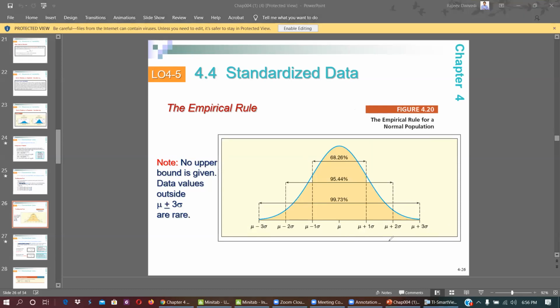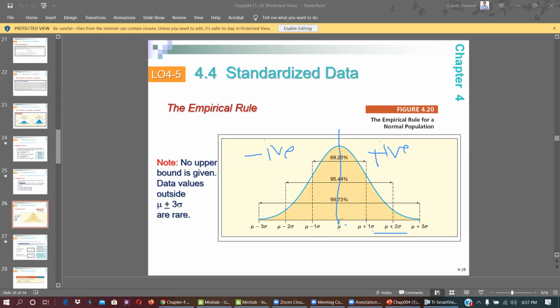This is the center point of the distribution. Here, this is 1 sigma, whatever is the value of standard deviation. So mu plus 1 sigma is the standard deviation value plus the average. This is known as the positive side. This is known as the negative side.